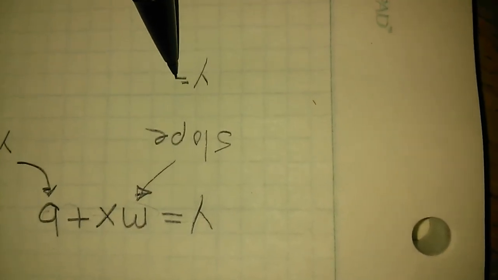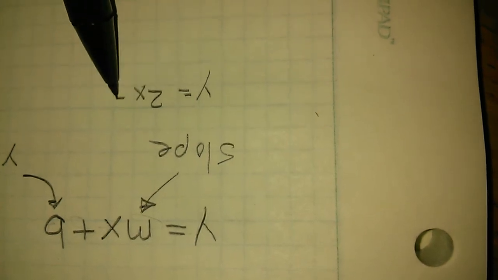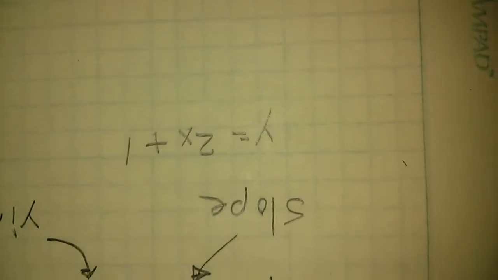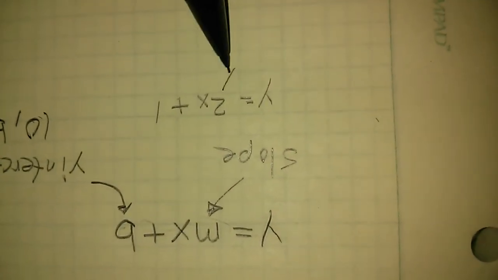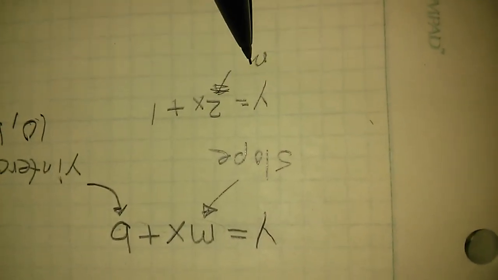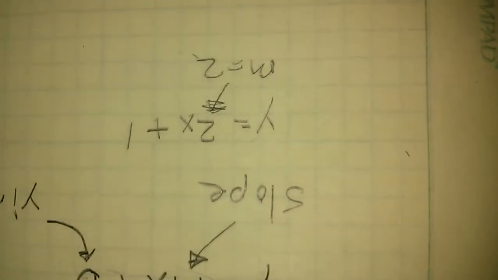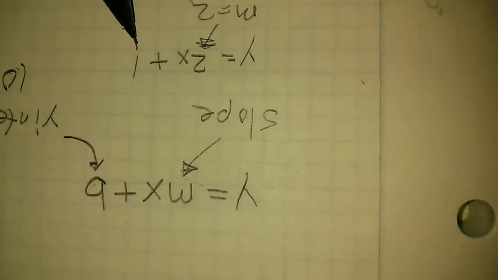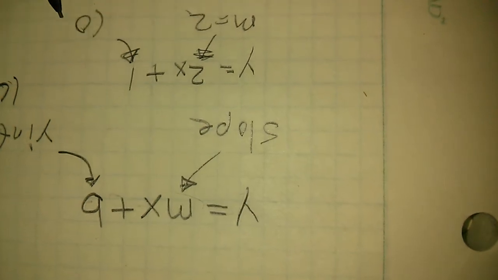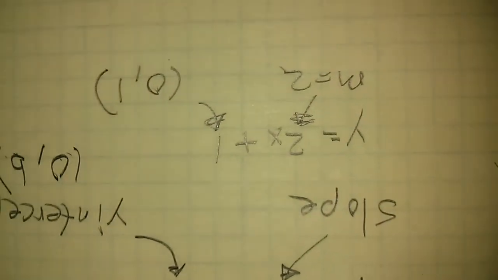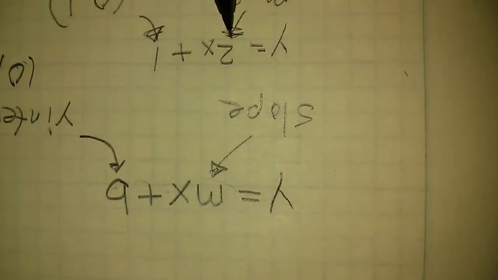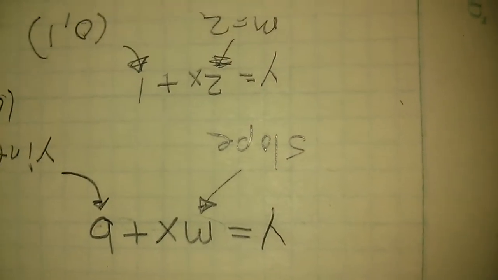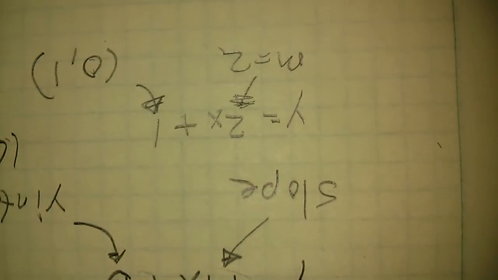So let's write down an example. y equals 2x plus 1. First let's identify the parts. The slope is a 2 here, and the y-intercept is (0, 1), because when x is a 0, this term goes away and we're left with that number that's right there.